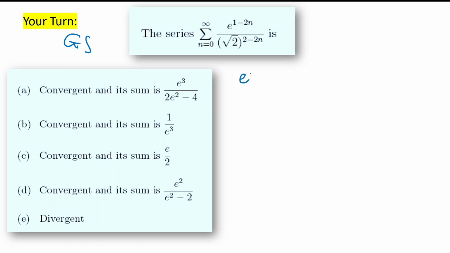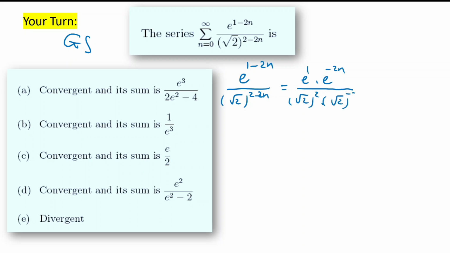Let's prepare them separately without the summation. e to the power of 1 minus 2n over radical 2 to the power of 2 minus 2n. This equals e to the power of 1 times e to the power of negative 2n, over radical 2 squared times radical 2 to the power of negative 2n.